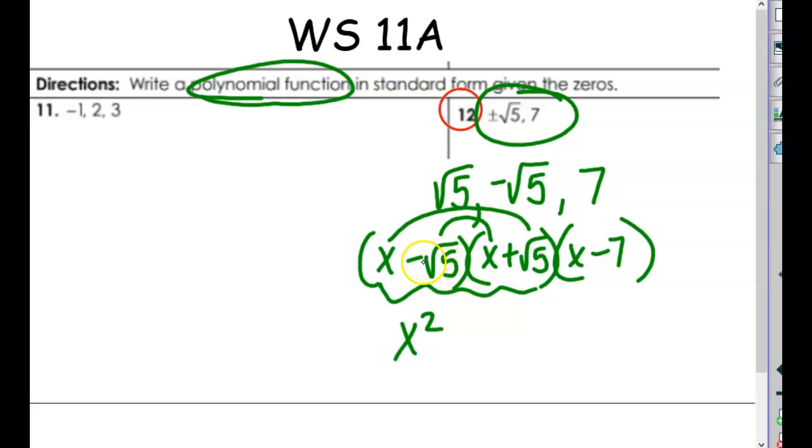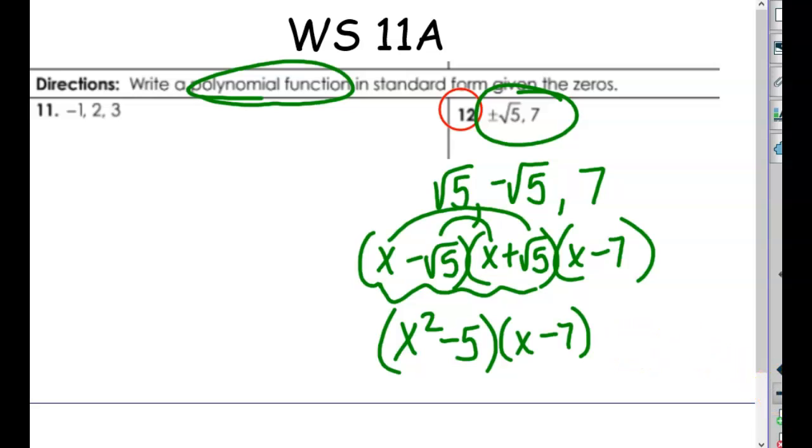Gone. But at the end, we get a negative square root of 5 times square root of 5, which is what? What's square root of 5 times square root of 5? Just 5, right? And it was negative. Now this one would not be that bad to write in standard form. We'd just FOIL that together, but I say we stop.